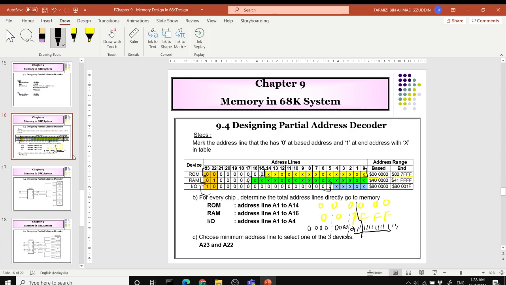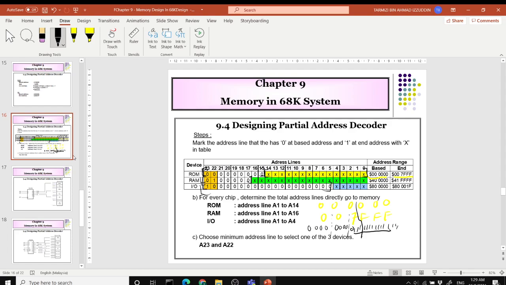So how are we going to do that? You need to check, between the ROM, the RAM and the I/O, what changes, and how many address pins can be used to select between them. In this case it is clearly obvious.